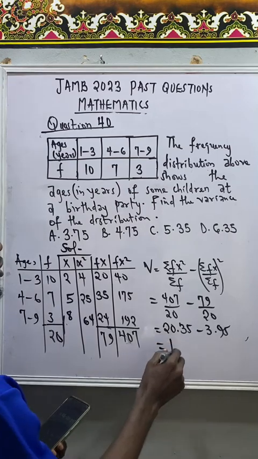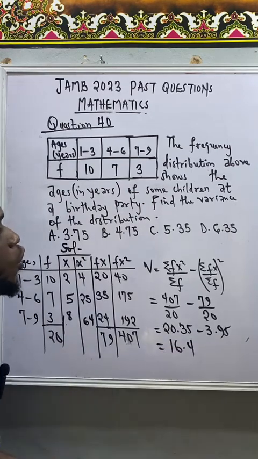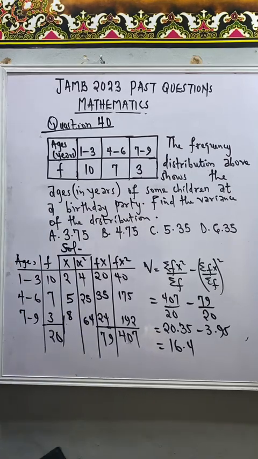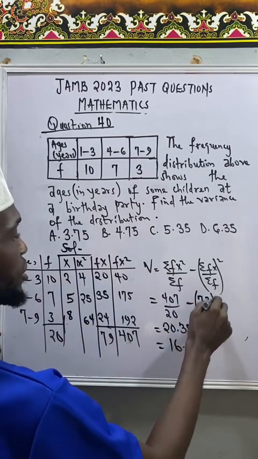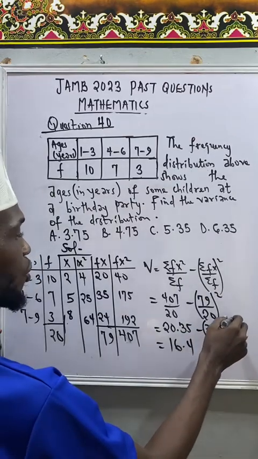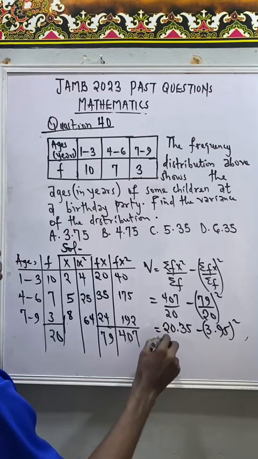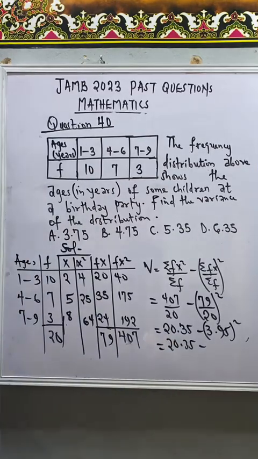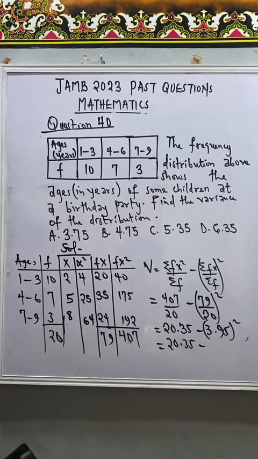Oh, sorry. I omitted the square of this. So I need to take the square of this first. So that means 20.35 minus the square of 3.95.